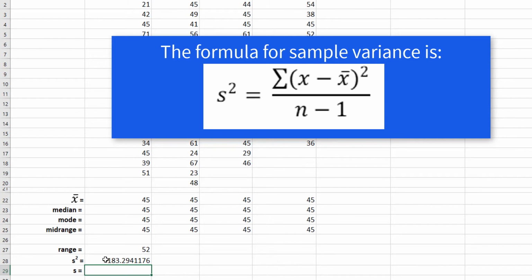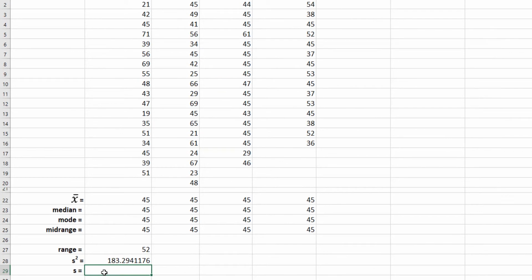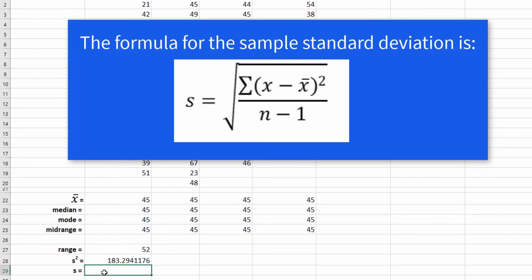Now, from the formula, which is a really long, crazy formula for variance, if we take the square root of this number for the variance, we would get this last thing called the standard deviation. But I don't want to take the square root of it. I just want to calculate the standard deviation directly.